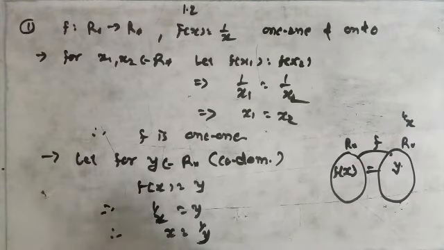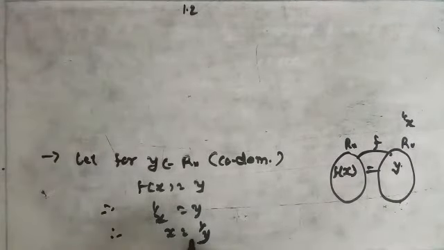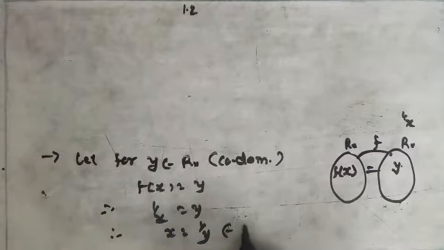Clear this? And 1 upon y is a non-zero real number. That is, x is a non-zero real number. That means x belongs to R star.